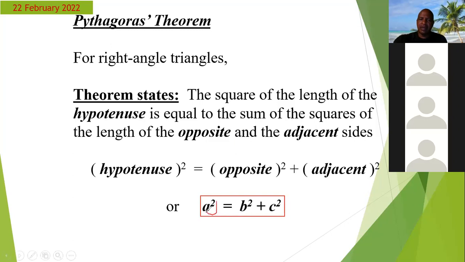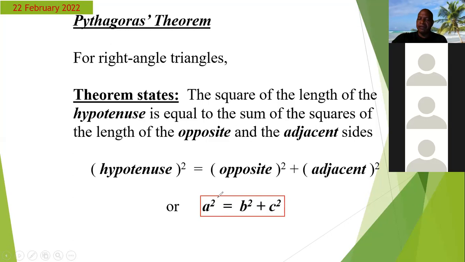Now, there are times when you may rearrange this formula and it might look a little different from what it is now. Depending on how you label your triangle, your hypotenuse can be a square, it can be b square, it can be c square. So for a particular question, when you're using the theorem, you don't necessarily use the letters in this order all the time.